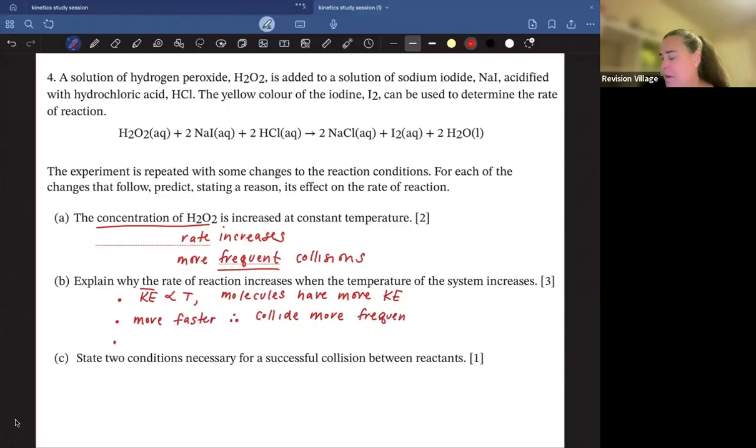But also, because they have more energy, the fraction of successful reactions will be higher, because more molecules have an energy greater than the activation energy.